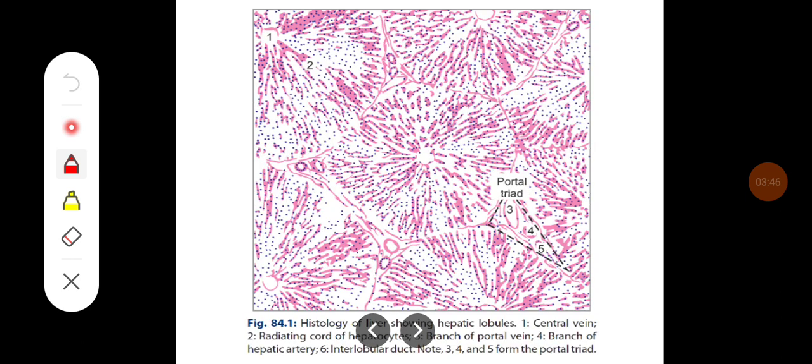This is a diagram showing the histology of the hepatic lobules. This is the central vein. There are radiating cords of hepatocytes, and from the portal vein, branch of hepatic artery, interlobular duct, note the portal triad, which is made up of hepatic artery, portal vein, and bile duct.